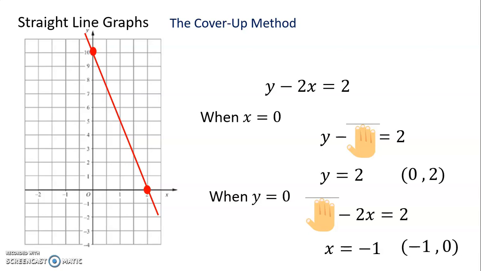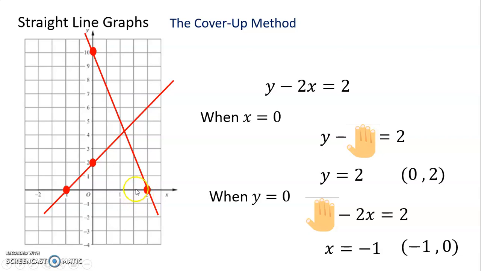And now I'm going to plot both of those points. So 0, 2 and negative 1, 0. And I'm going to join those up to get my graph. And now I can read off the point of intersection here. Again, I'm going to have to estimate this. But if you notice here, be careful with the scale because this is 1 and then we skip 2 squares to get to 2.